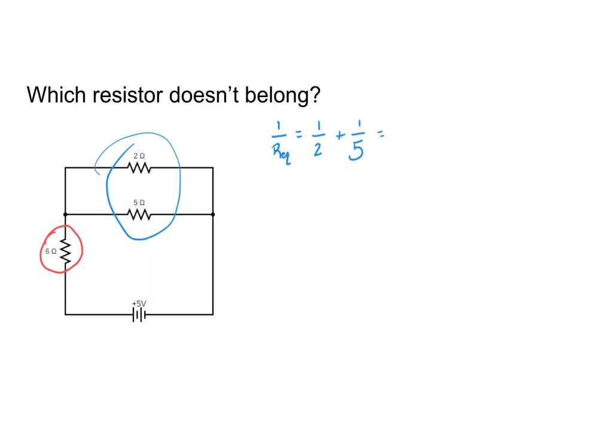That is equal to 7 over 10 if you do the math, or 0.7 if you find decimals instead of using fractions. Regardless, that means that REQ is equal to 10 over 7, or in decimal form, 1.4 ohms. And again, if I was rounding properly to 1 sig fig, I would say 1 ohm.